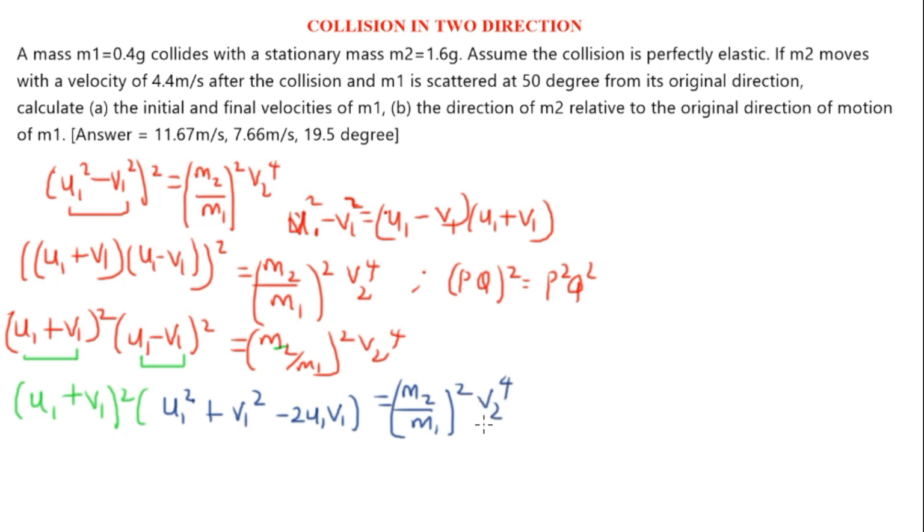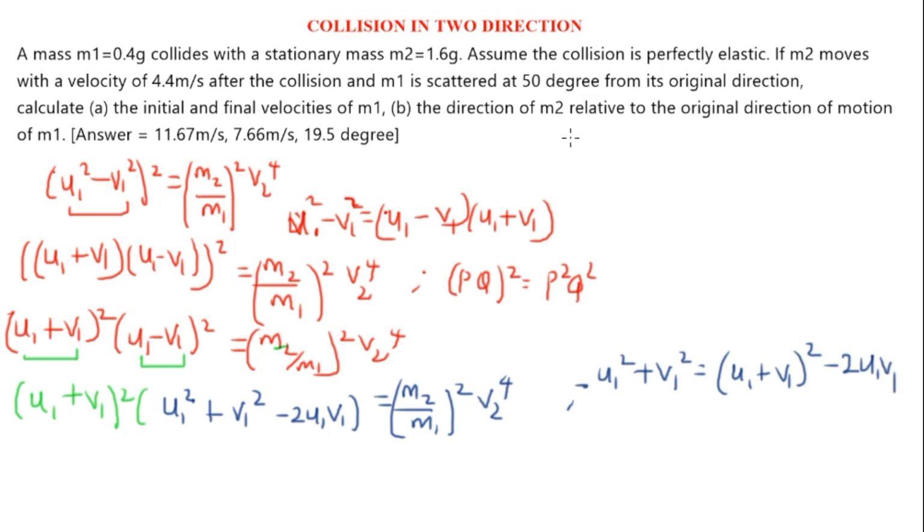But note that u1 squared plus v1 squared is the same thing as (u1 plus v1) squared minus 2u1 v1.